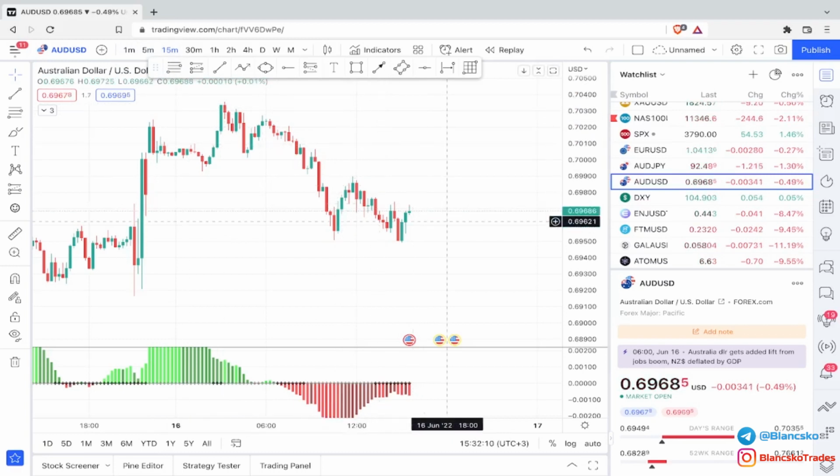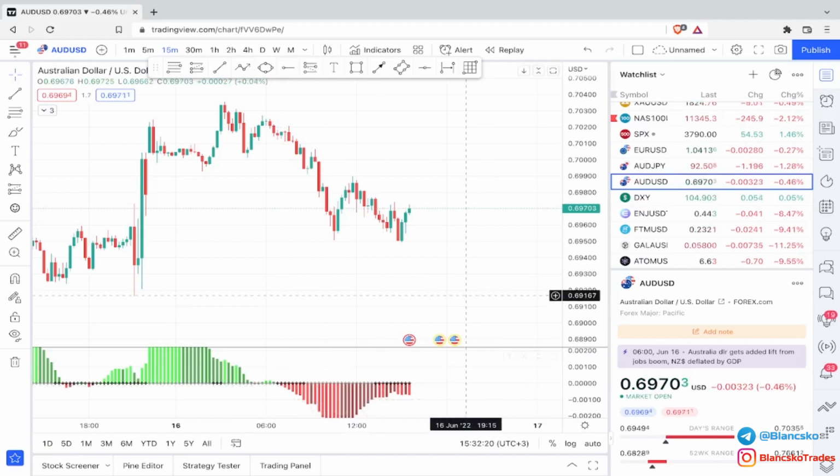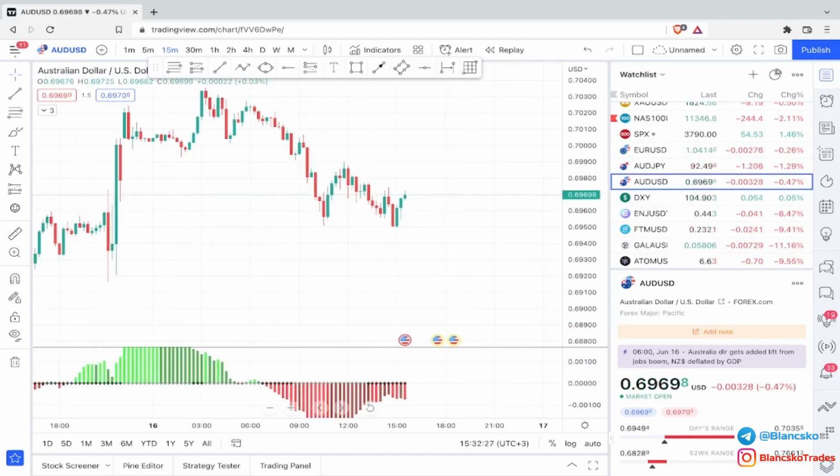Okay, so now for the rules. Well, you need to enter a sell once the squeeze momentum indicator prints a red bar right here. Okay, it's very visible. Once it prints a red bar on the squeeze momentum indicator, which is this candle right here, that's exactly when you enter a sell.